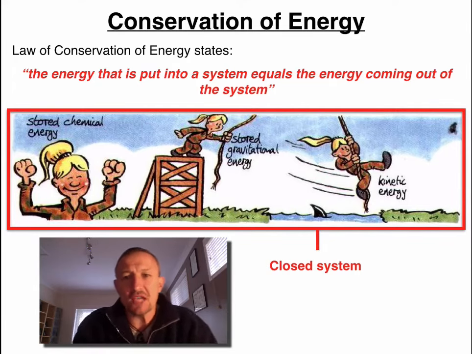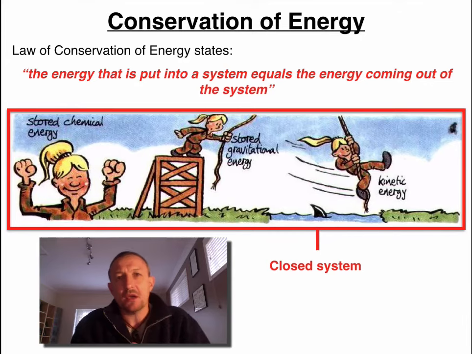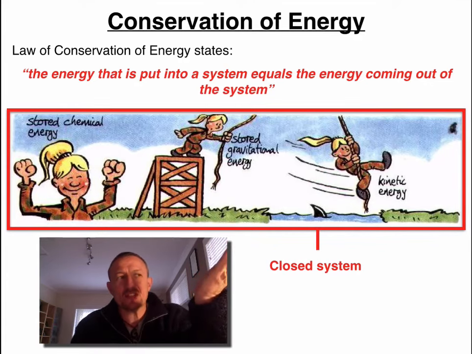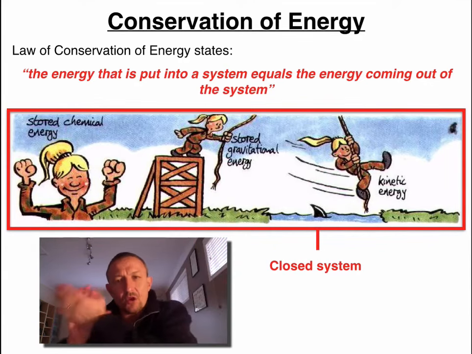When she lands on the other side, basically what we'll expect to see is she'll probably still have some stored chemical energy from what she had at the beginning. If it was a finite system, she would have used up all of her chemical energy going into gravitational potential energy, and then that energy would have gone into kinetic energy.